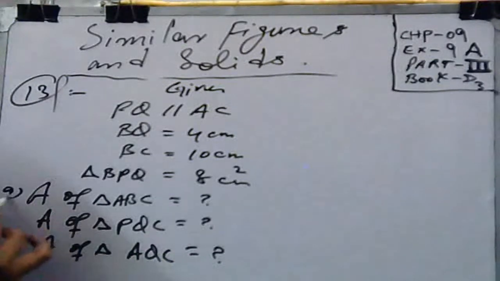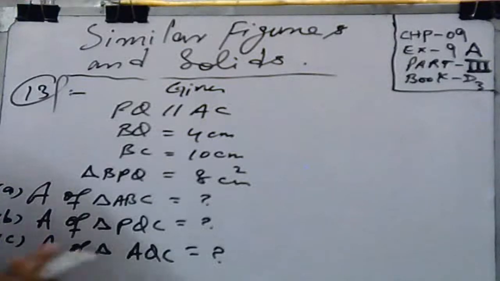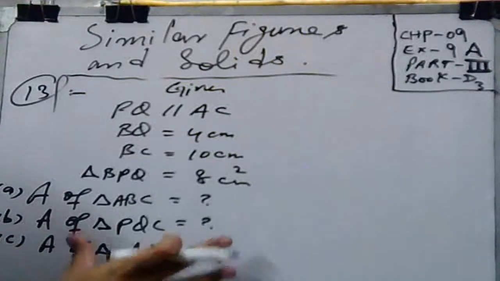So in A part we have to find this, then B part and C part. So we have to find three things here.